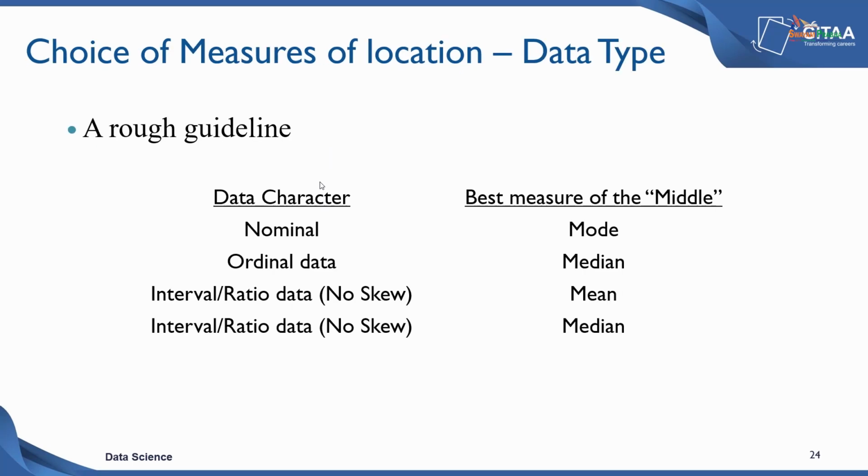Let's move on to the second area of descriptive statistics. The choice of a measure of location depends on the data type, and a rough guideline is: if the data is nominal, you can use the mode. That normally is the best measure of the middle. If it's ranked, ordinal data, the median is the best measure.